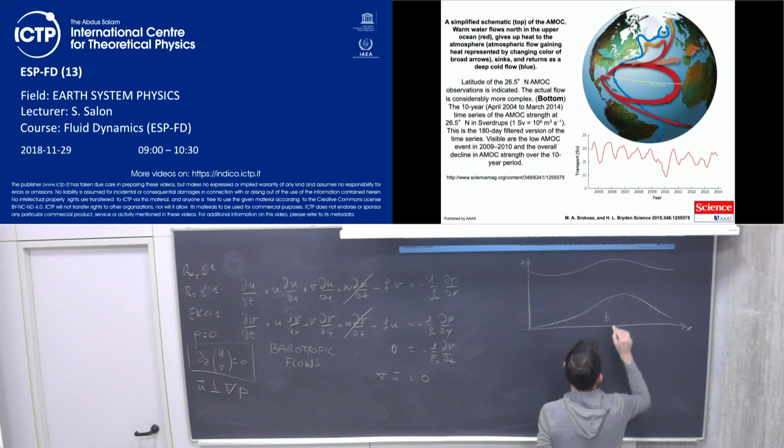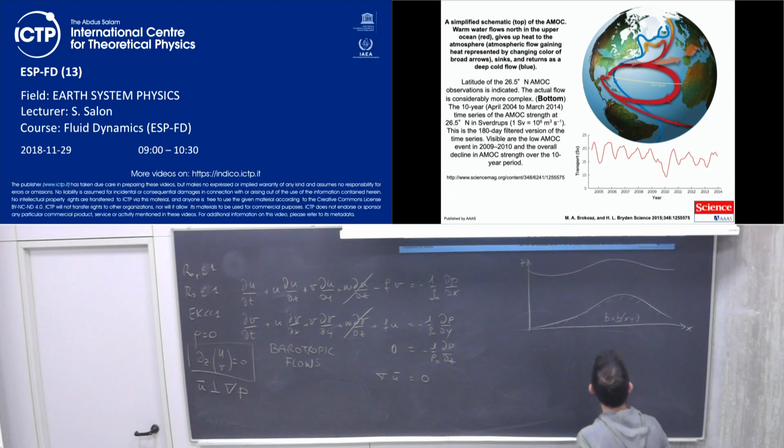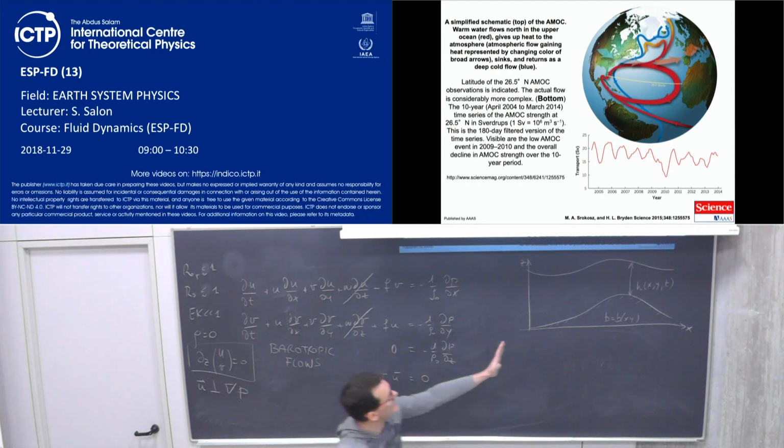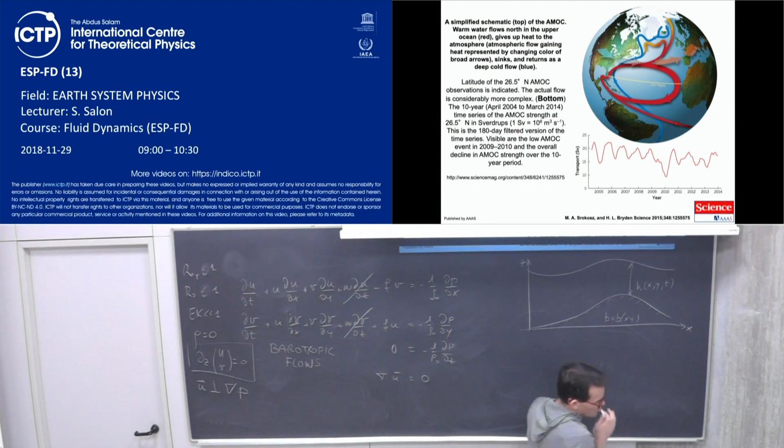The bottom is defined by a function of x and y, and this distance here is a function h of x, y, and also t. So I am looking at a single fluid column, which I suppose will be transported by the flow and will interact with the bathymetry.